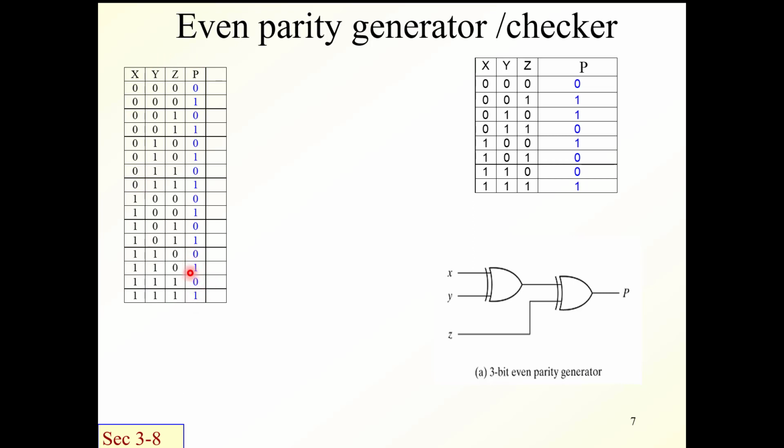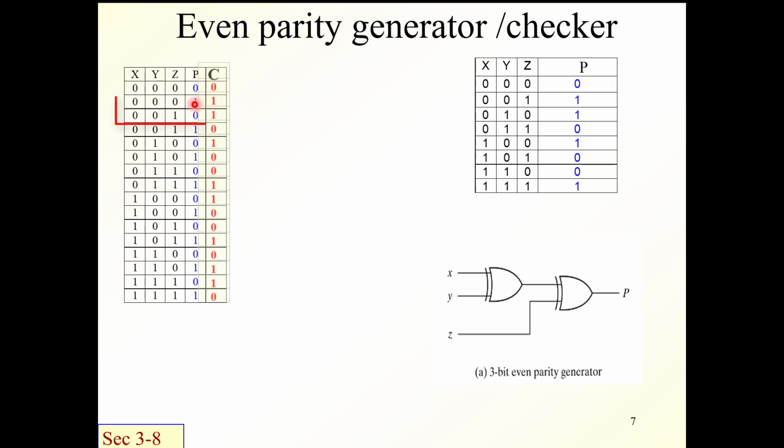And here we have something called the parity checker. Now in this case, if we're talking about even parity, we say that this data has no fault on it because it has an even number of ones. So the C output of the circuit is equal to 0.